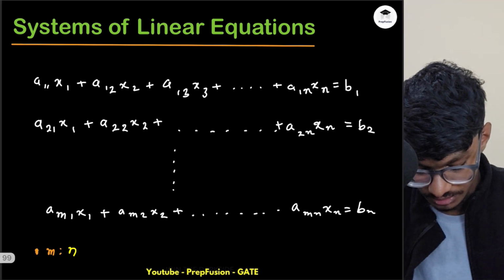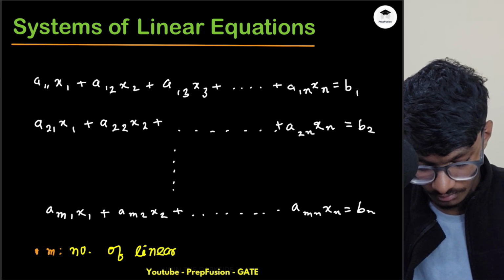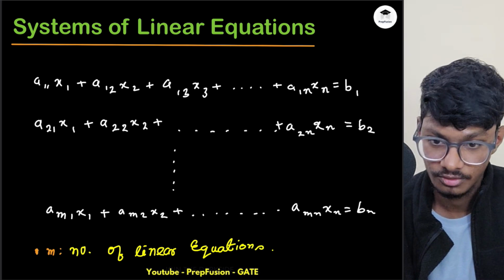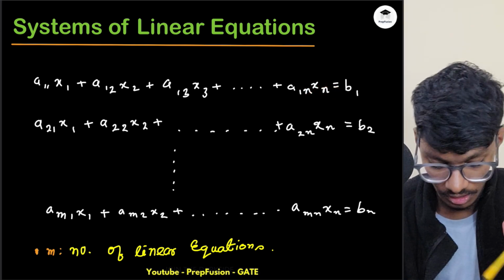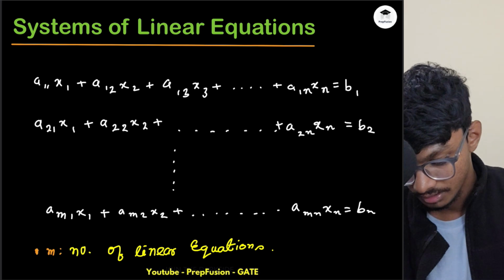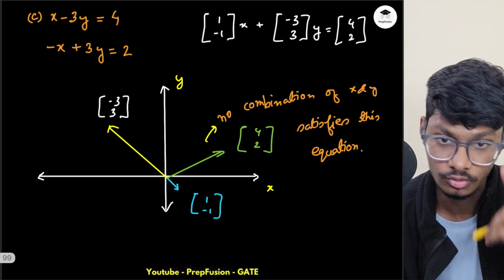The number of linear equations. Okay, so if m is the number of linear equations and n is the number of unknowns, I have n unknowns. Previously we were solving in 2D, so I had two unknowns, x and y.